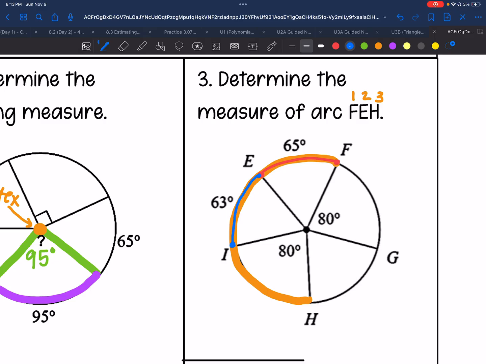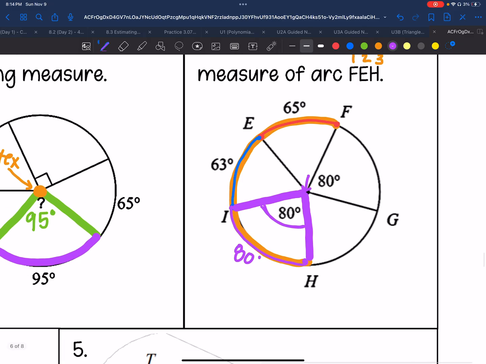So we can add those together, and then to get the whole orange arc, we also need this purple arc as well. So if we add all these arcs together, we have now the whole orange arc. Well, I don't know what that purple arc is, but I do notice that it is opening up to this central angle here. So because 80 degrees is a central angle, its vertex is the center of the circle, that means that the arc is also going to be 80 degrees.